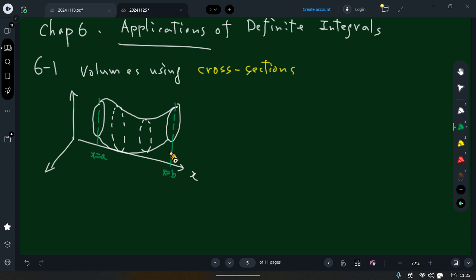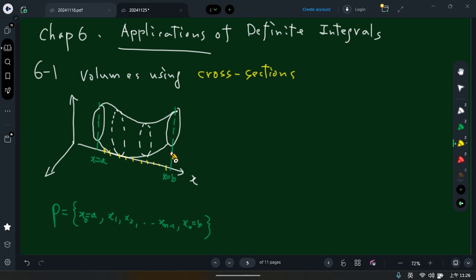The idea is still, can we have a partition from x equal to a, s0, s1, s2, and so on, here s(n-1), sn equal to b. So we just use this as a partition for the interval from a to b.